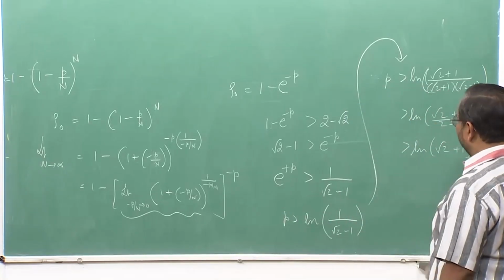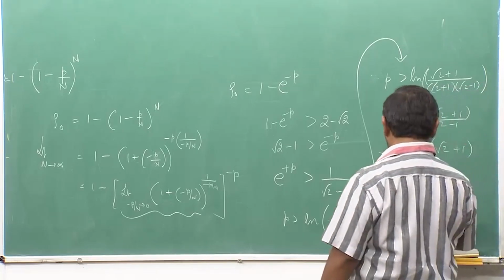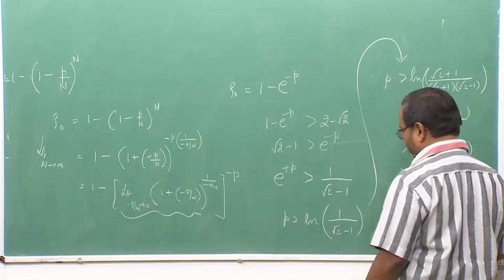Now, log of root 2 plus 1 if you compute is 0.88.